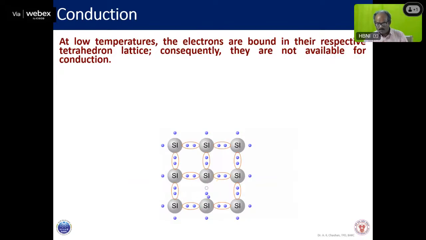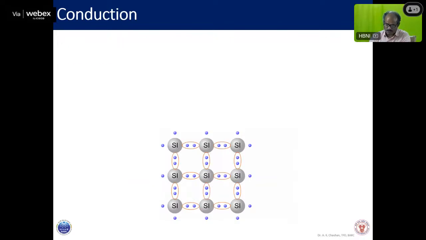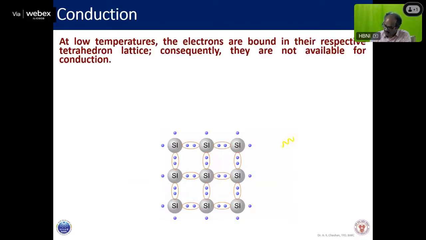Now comes another thing I want to tell. When this silicon structure is at 0 Kelvin, let us imagine at 0 Kelvin, all the electrons are bound to their atoms, and the bonds are there.